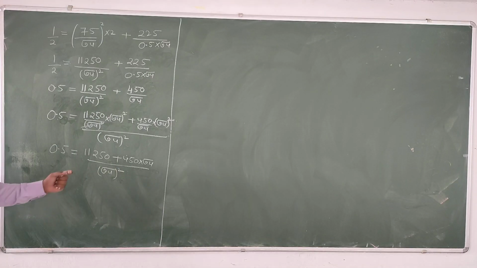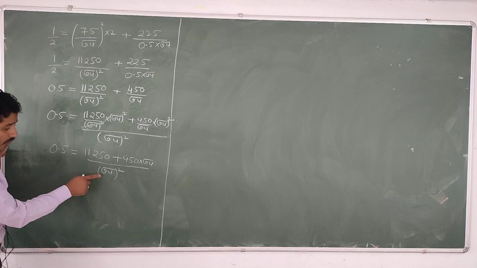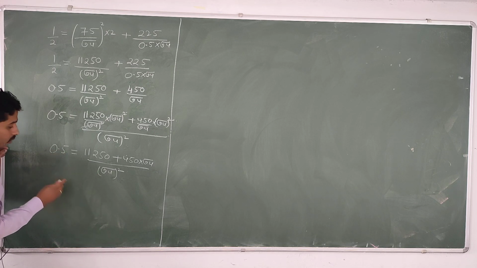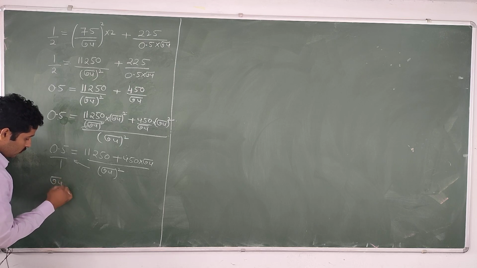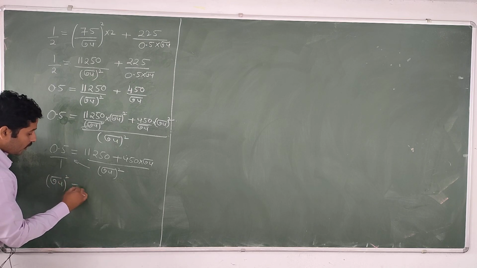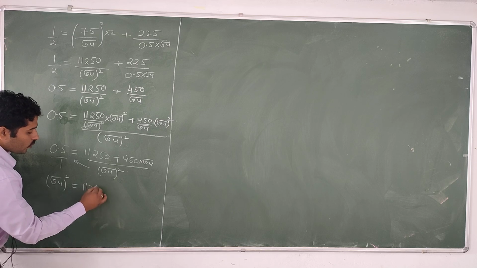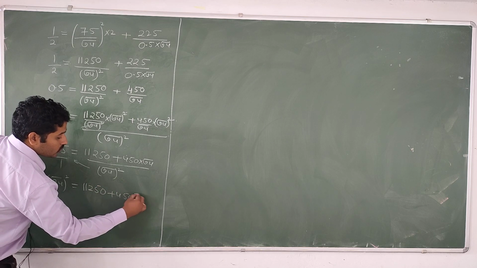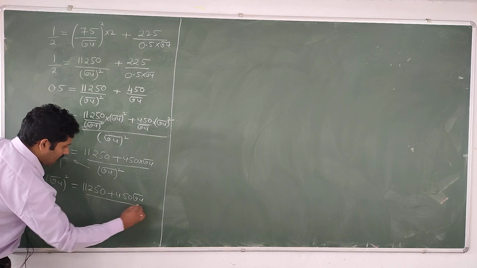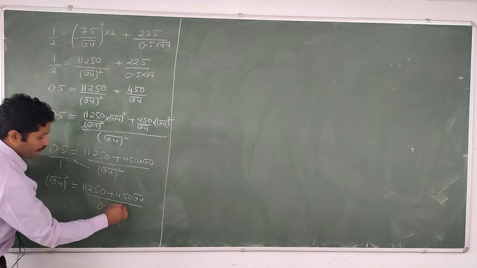Then again we need to cross multiply here. Sigma u whole square equal to 11250 plus 450 into sigma u, divided by 0.5.